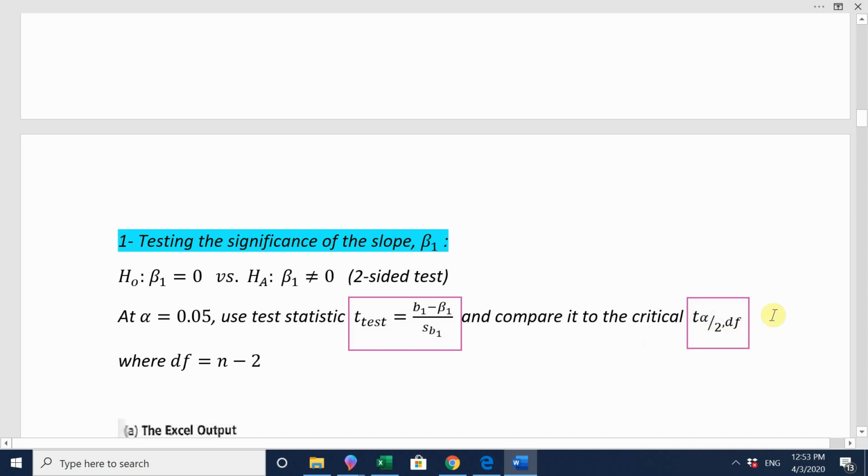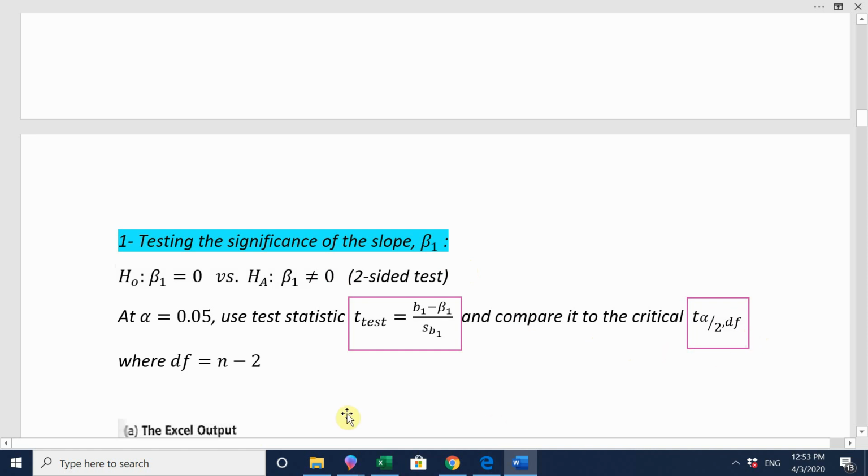So let's not forget that there is a different T distribution for each degree of freedom, okay? And here my level of significance must be divided by 2. My alpha must be divided by 2 because I am using a two-sided test over here. The two-sided test is determined in my H of A, right?